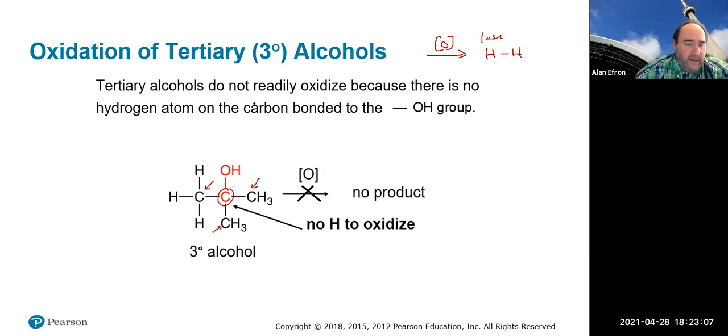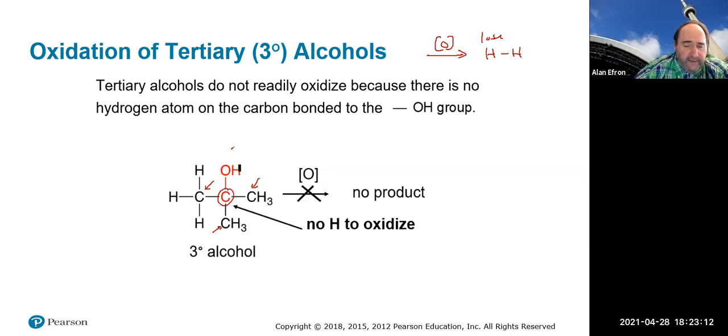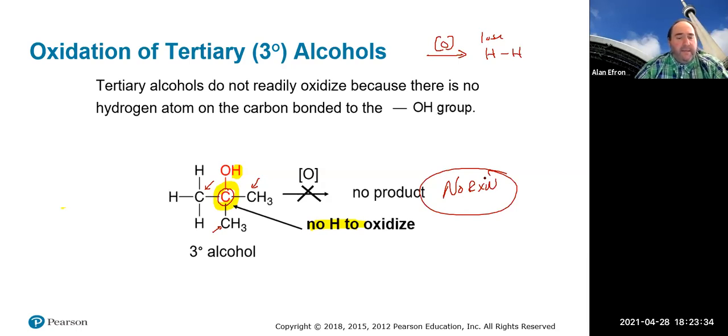So when a tertiary alcohol tries to go through oxidation, it could get halfway there in the sense it's got 1 hydrogen, but it is missing that second hydrogen on the carbon. Because it does not have that second hydrogen, you will get no reaction. It will not go through an oxidation. So no reaction will occur with a tertiary alcohol because it's missing that crucial second hydrogen on the carbon there. So that's a simple one. No product is made in that case.